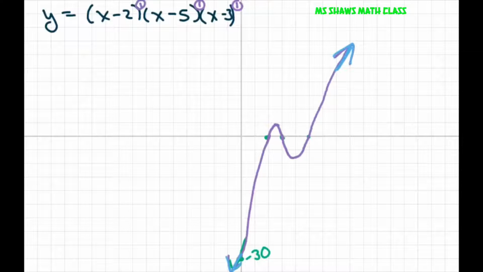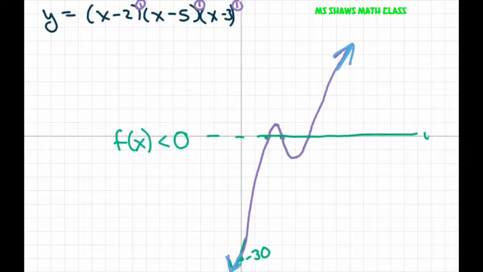Now let's determine where our graph of f of x, or our y, is negative. That just means where does it fall below the y equals 0. So it falls below here at this interval and at this interval here.